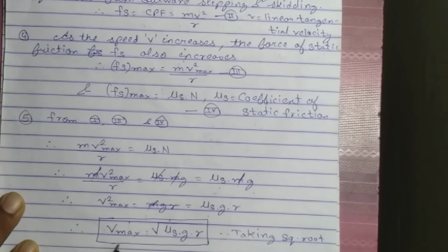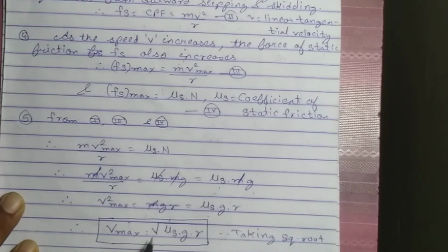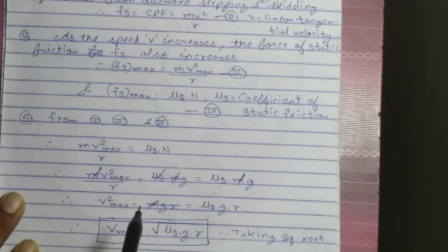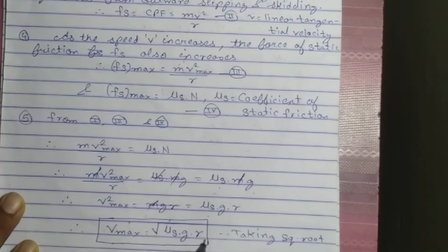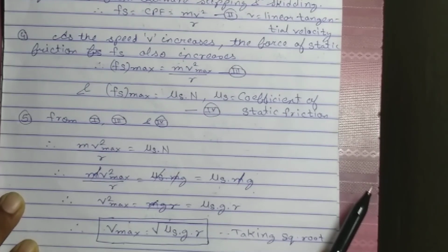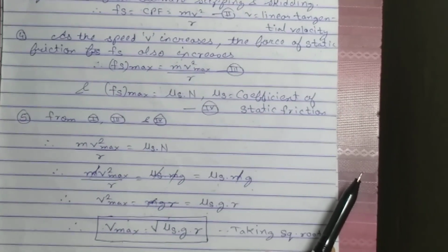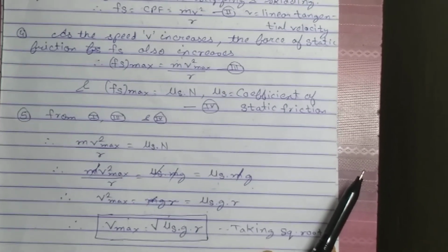If I take the square root, then v max, the maximum velocity with which the car can travel along the circular horizontal track, is given by the square root of mu s multiplied by g multiplied by r. Hope you understood the derivation for maximum velocity along the circular horizontal track.